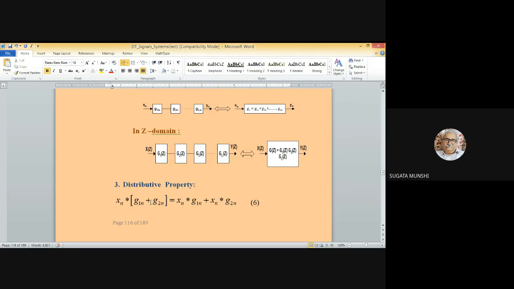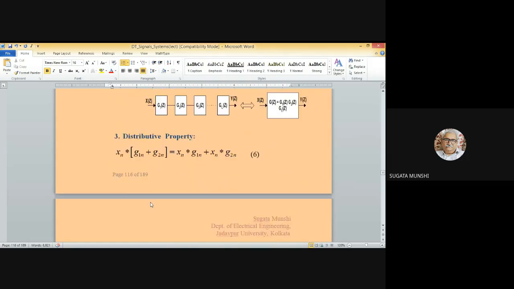That signifies that if you have two DT-LTI systems in parallel, then the parallel combination will have an impulse response which is the sum of the individual impulse responses of the subsystems. That is the implication.